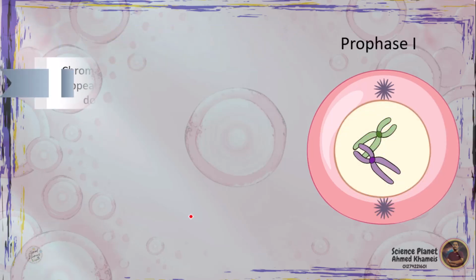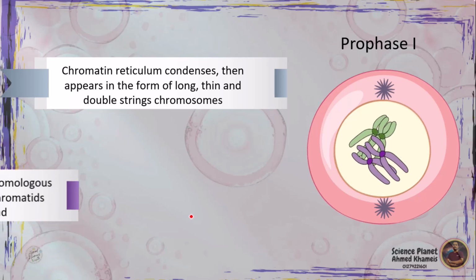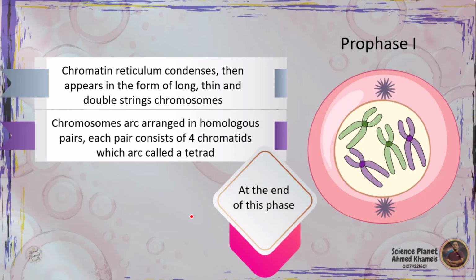And then we enter prophase 1, where the chromatin reticulum condenses and appears in the form of long, thin, double-stranded chromosomes. But in meiosis, the chromosomes arrange in homologous pairs, meaning two identical chromosomes. They are the same, and each pair consists of 4 chromatids. We call them a tetrad.